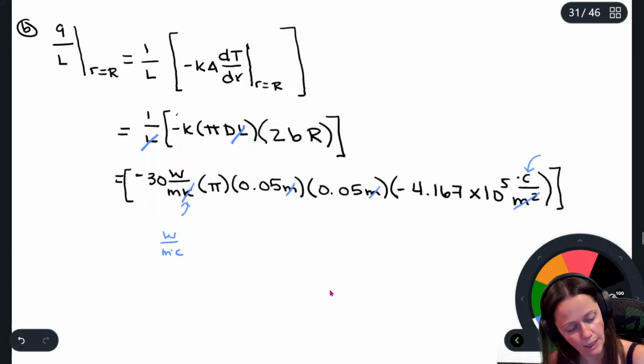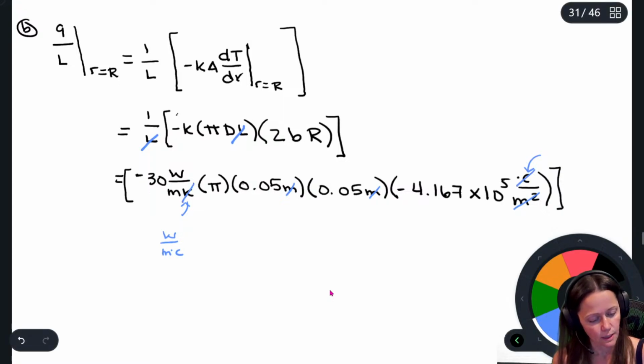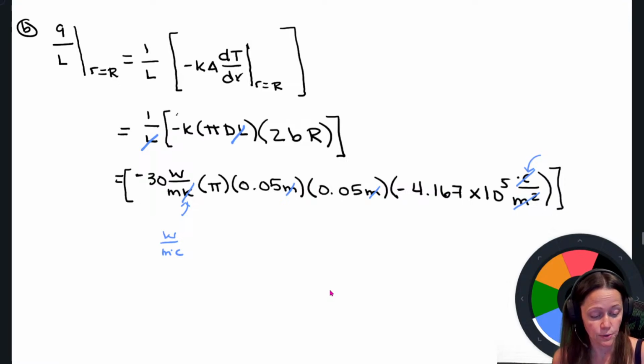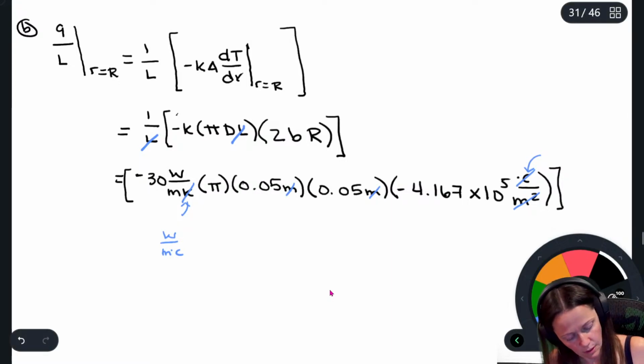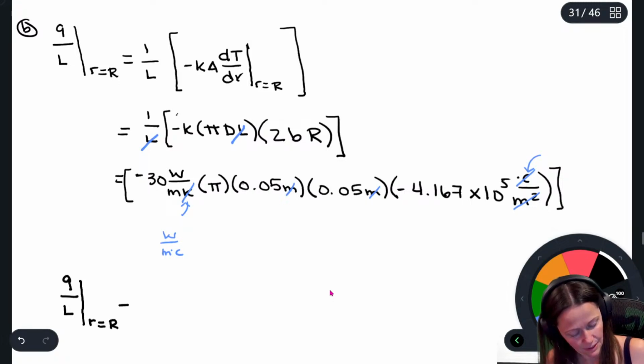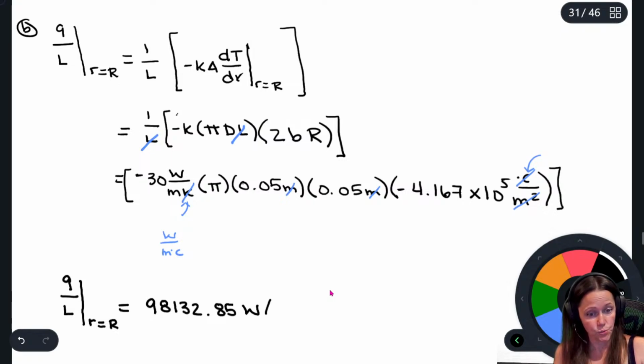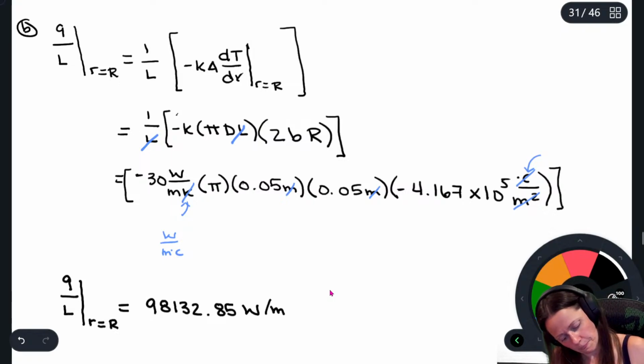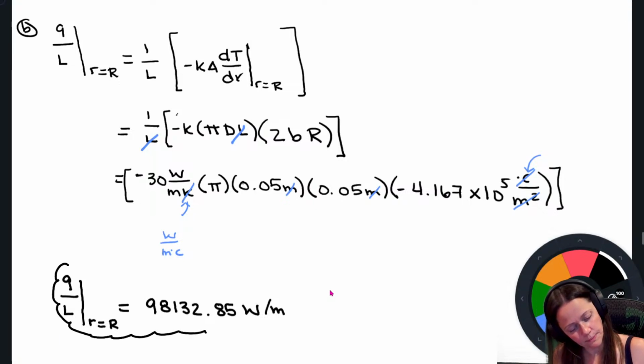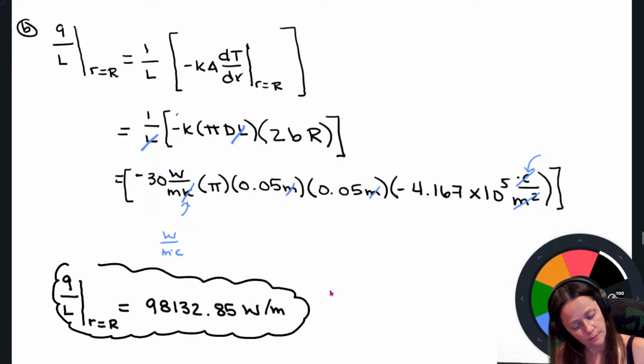So this goes away and this goes away. And so the final units are going to be watts per meter, which is exactly what I thought I would end up with. Right, so I end up getting 98,132.85, and that's watts per meter. Perfect. Awesome.